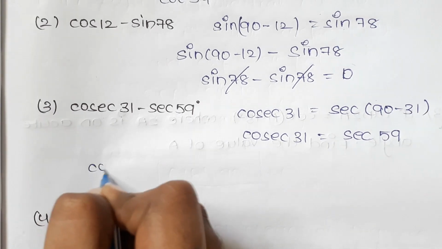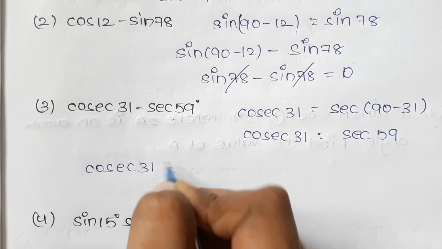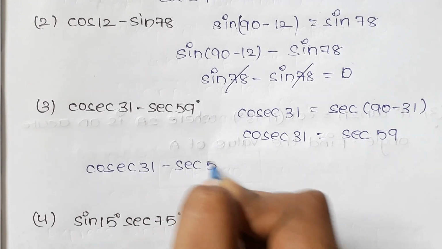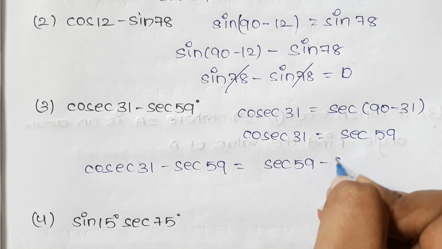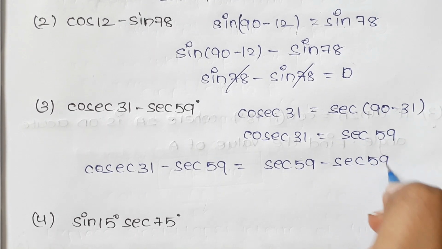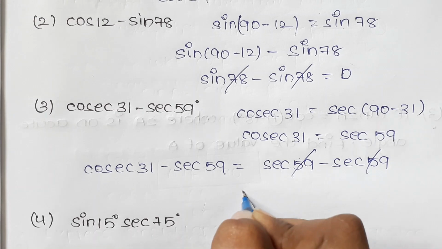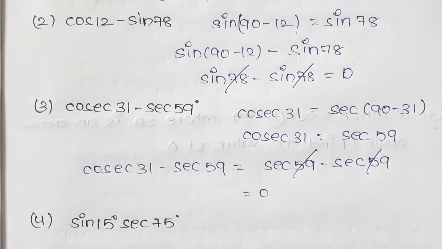And now cosecant 31 minus secant 59 is equal to secant 59 minus secant 59. Both are cancelled and we will get the answer 0.